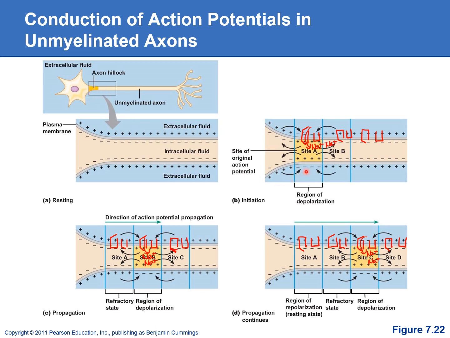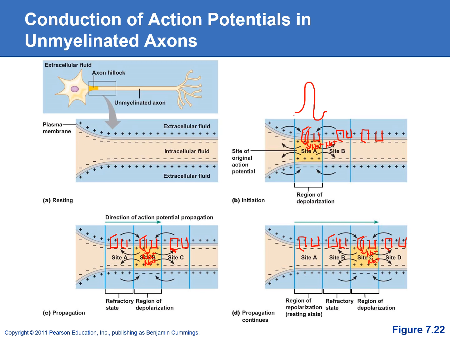Let's say that we've reached threshold and we've triggered the opening of our voltage-gated sodium and potassium channels here at the axon hillock. All right, so we're going to create our action potential here. We've got our voltage-gated sodium channels opening, and we'll depolarize and then repolarize and afterhyperpolarize, and so we create our action potential there.